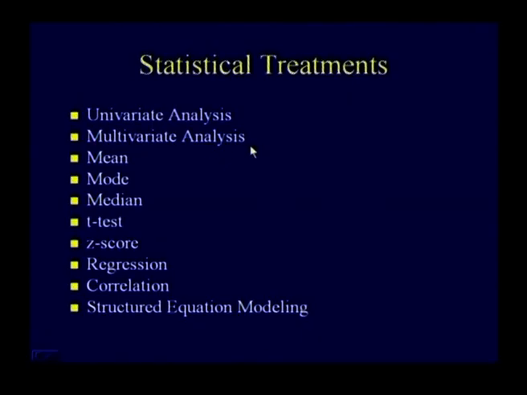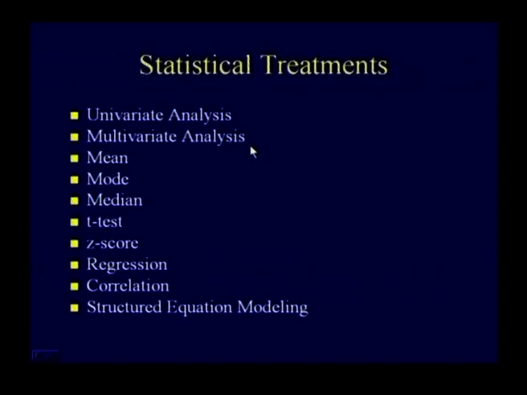Now we will talk about different types of statistical treatments that you can apply on the data that you have collected as a result of your research study. This research study could be experimental, or it could be a survey, or any other type of quantitative research method in which you have got a lot of data. You might be interested in finding out the difference between an independent variable and dependent variable. What if you have more than one independent variable? You cannot use univariate analysis.